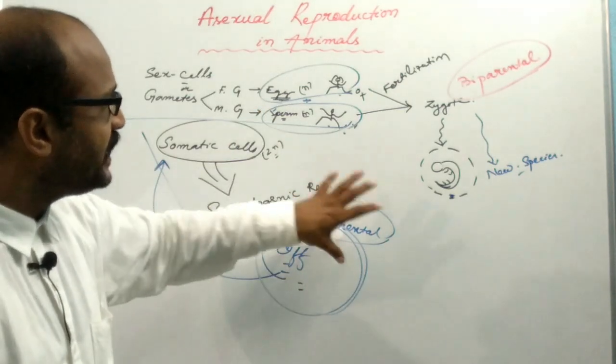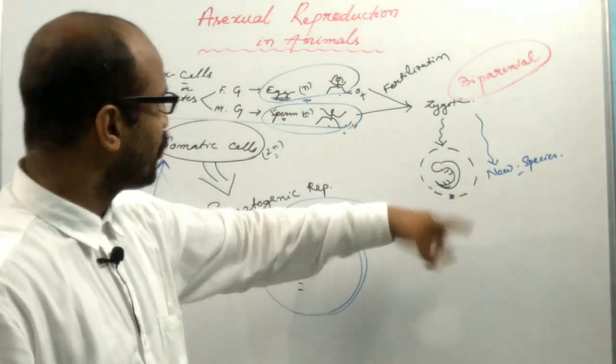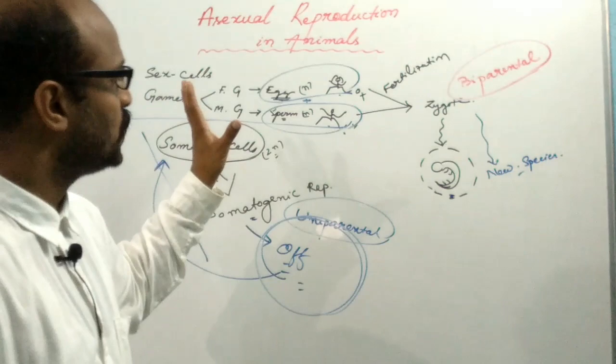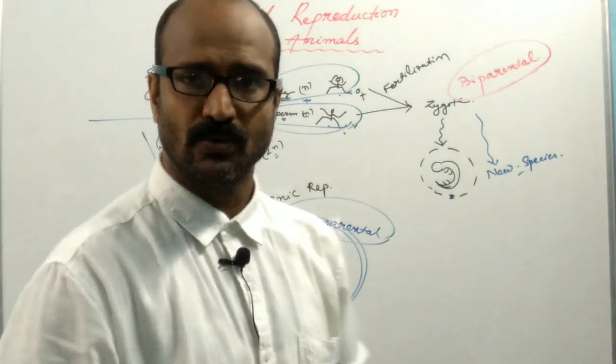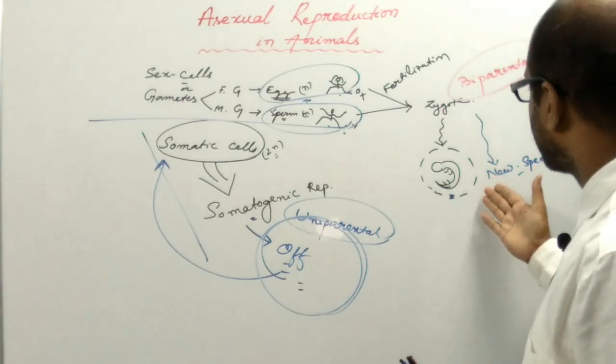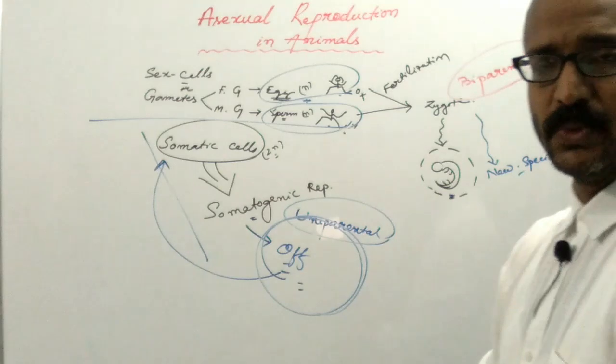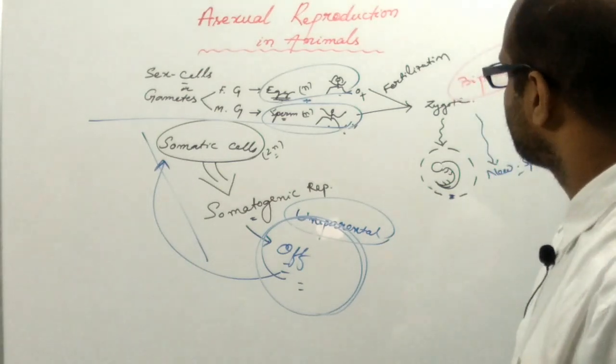So the adaptability of the offspring produced by sexual reproduction is greater. So this is another merit of sexual reproduction.